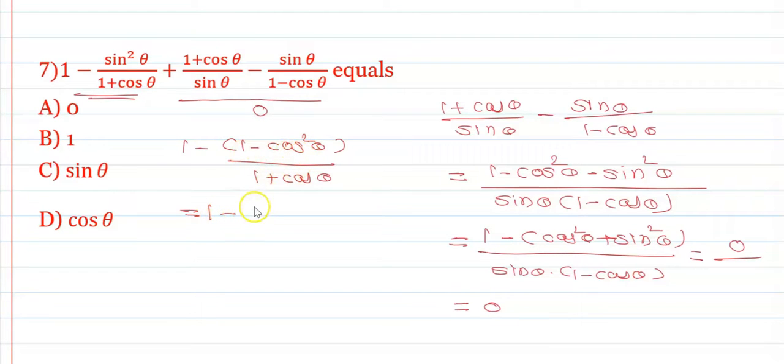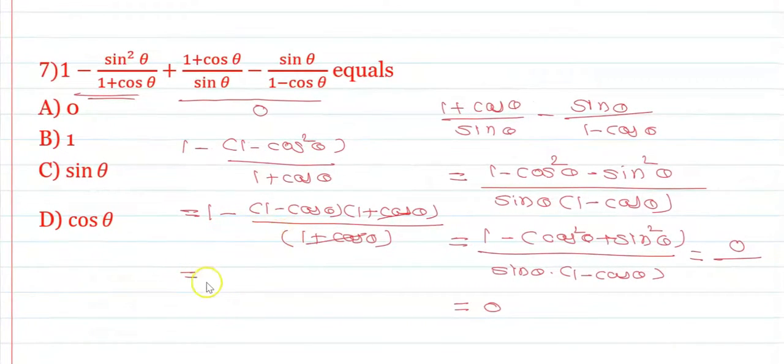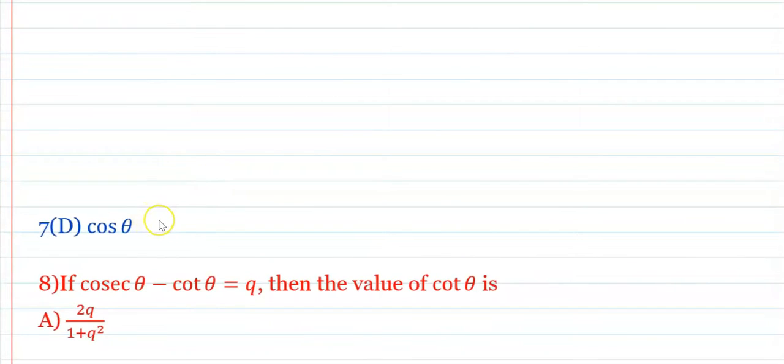Now split it up. In the first bracket you will get 1 minus cos theta, in the second bracket 1 plus cos theta, divided by 1 plus cos theta. The 1 plus cos theta terms get cancelled. If we open the bracket, you will get 1 minus 1 plus cos theta. Then 1 minus 1 gets cancelled, and hence you will get cos theta. And hence option D is the correct one.